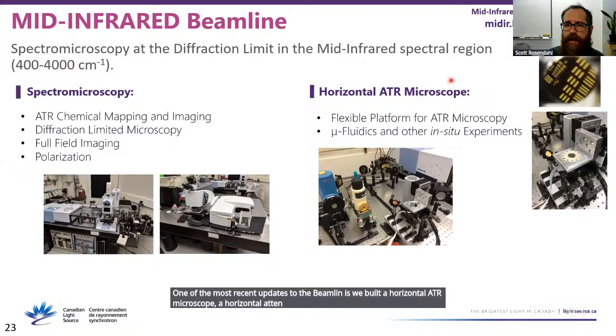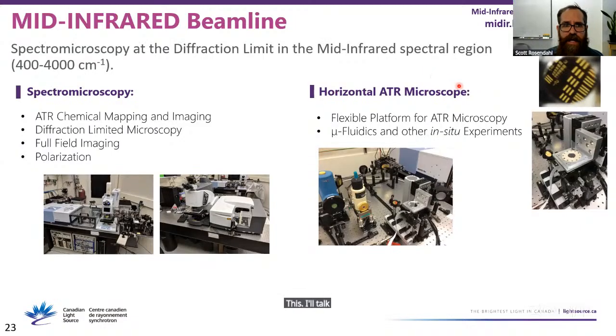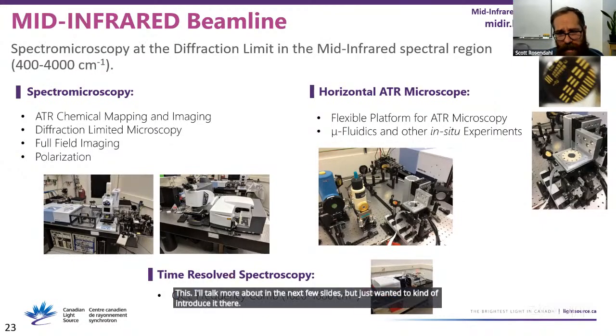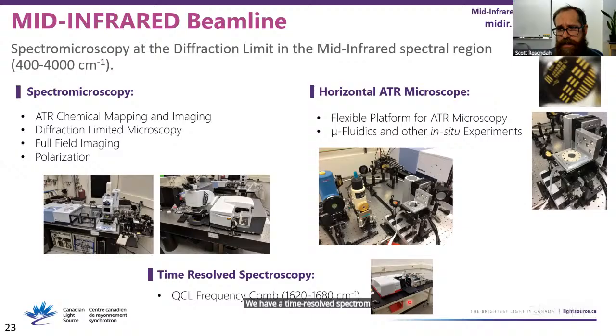One of the most recent updates to the beamline is we built a horizontal ATR microscope, horizontal attenuated total reflection microscope. I'll talk more about this in the next few slides, but just wanted to introduce it there. We have a time resolved spectrometer that uses a dual beam heterodyned detection to look at very fast spectral changes in the infrared.